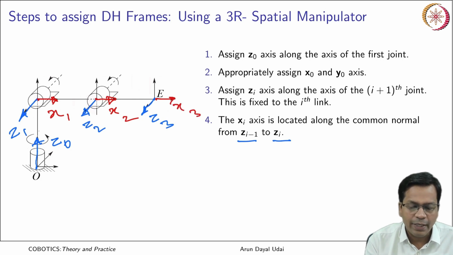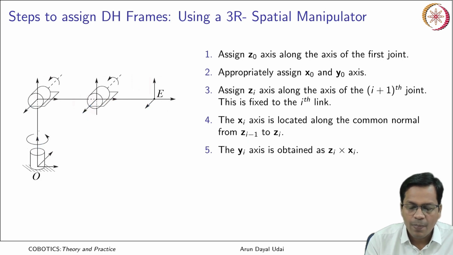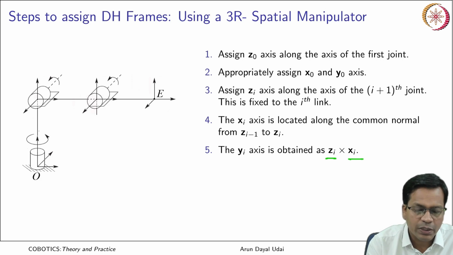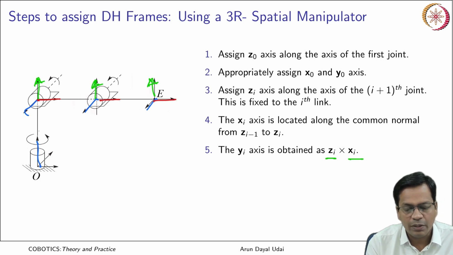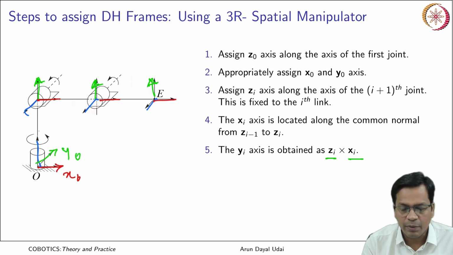Now that I know all x and z, I can quickly get my y axes. The y axis is simply obtained by z cross x. So y can be quickly drawn here. These are my y axes, these were my z axes, and these were your x axes. This is how you place all the x, y and z axes, and this was your initial x0, this is your y0. So this is how all the frames are placed.